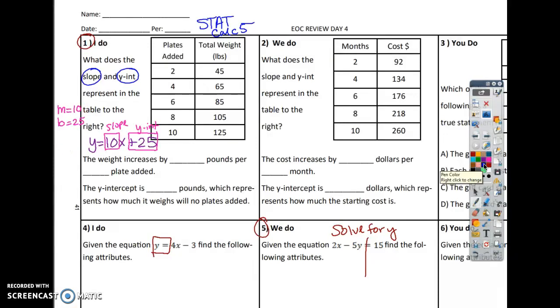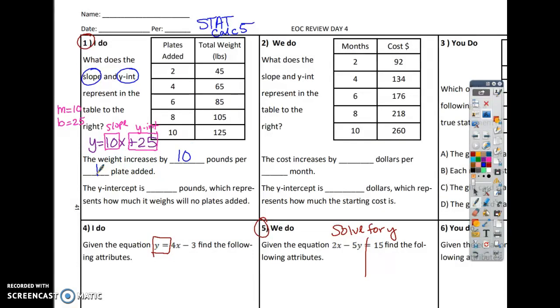Okay, so it says the weight increases by how many pounds per number of plates added. So every time I add a new plate, it goes up by 10. So I'm going to say that the weight increases by 10 pounds per 1 plate.